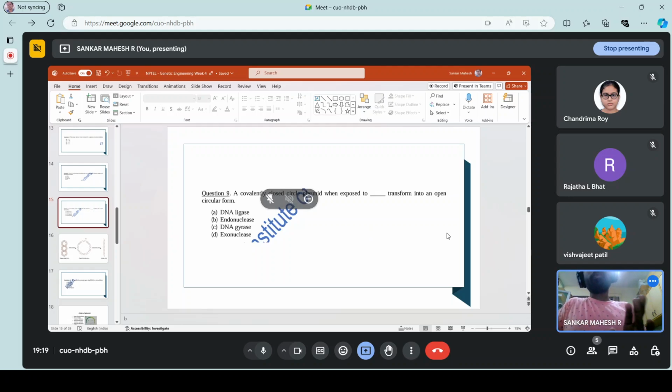And you were right about the difference between the closed circular and the open circular form. The open circular form has a nick, right? Now, what would create a nick within a DNA?